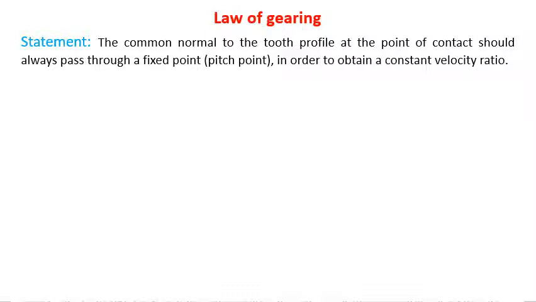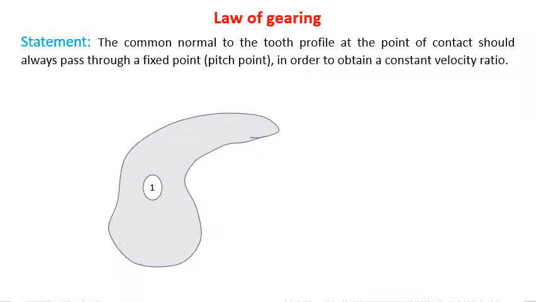In order to understand this statement, we have to consider the actual figure or actual gears. So let us consider two curved bodies. Here, instead of teeth, we are considering two curved bodies, because if the condition is satisfied in these curved bodies, the same thing is applicable for the gear teeth.